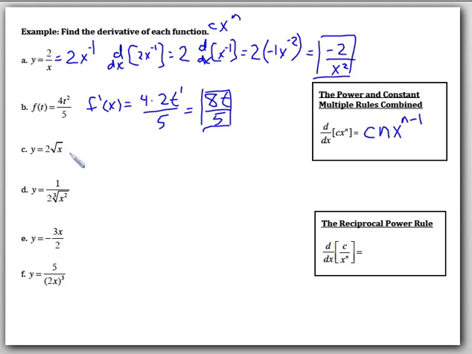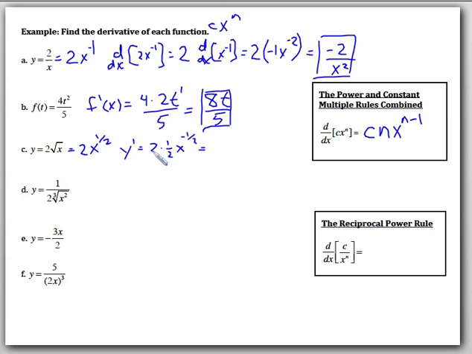For letter C, we don't like radicals, so we do want to deal with just fractional exponents. So this is 2 times x to the 1/2. So y prime is going to be 1/2 times 2, and then x to the, let's see, 1/2 minus 1 is negative 1/2.